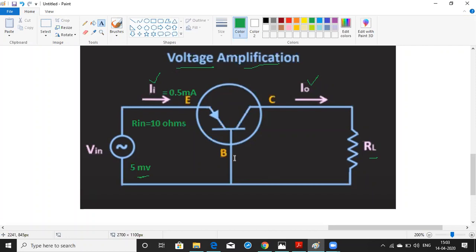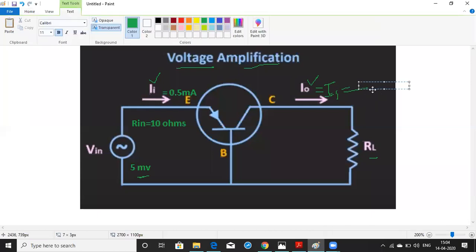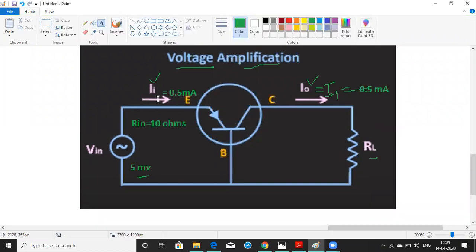If you are neglecting the base current, what is the output current? The output current is approximately equal to the input current, which is 0.5 milliamperes. You receive most of the current, about 95 percent, assuming the amplification factor alpha as 1.